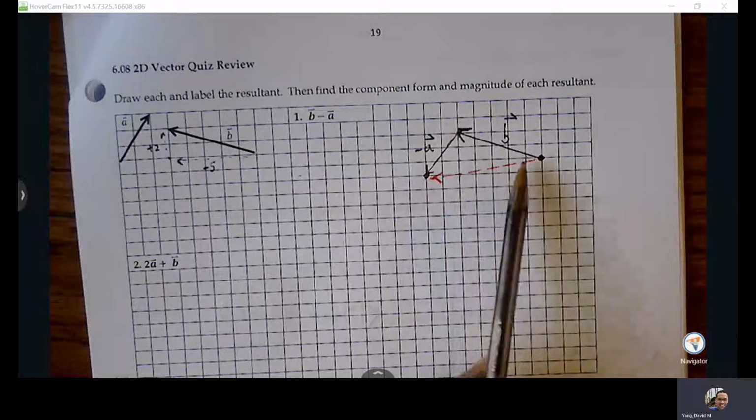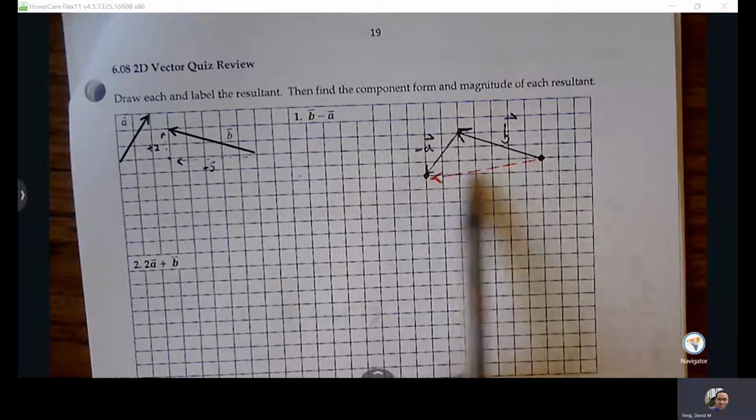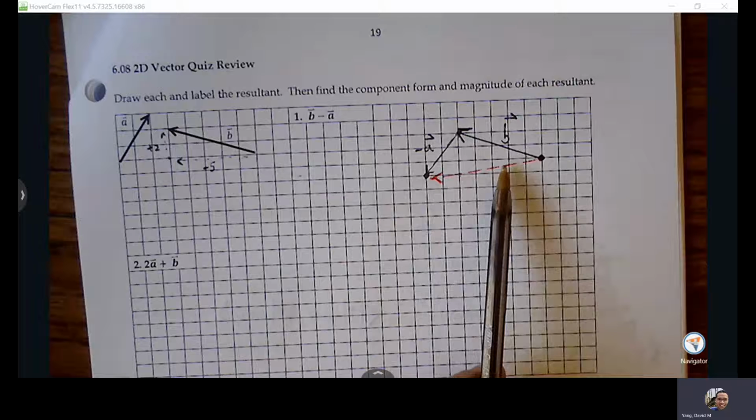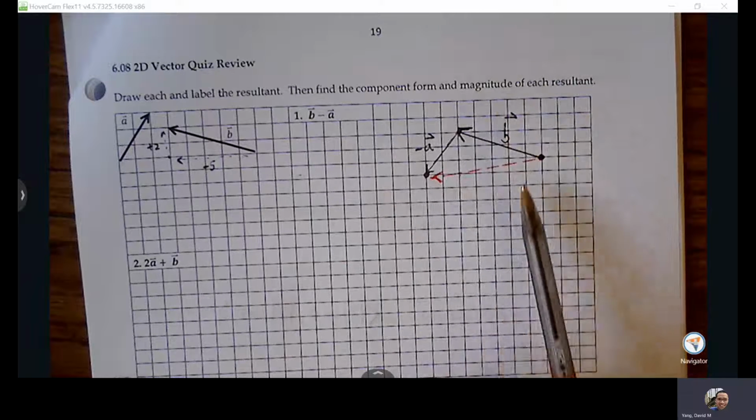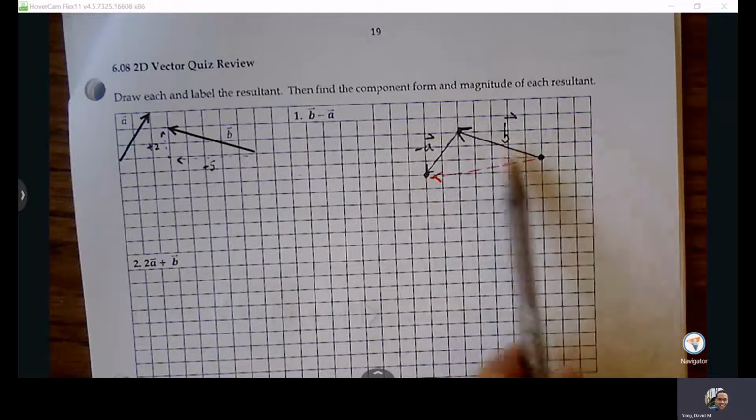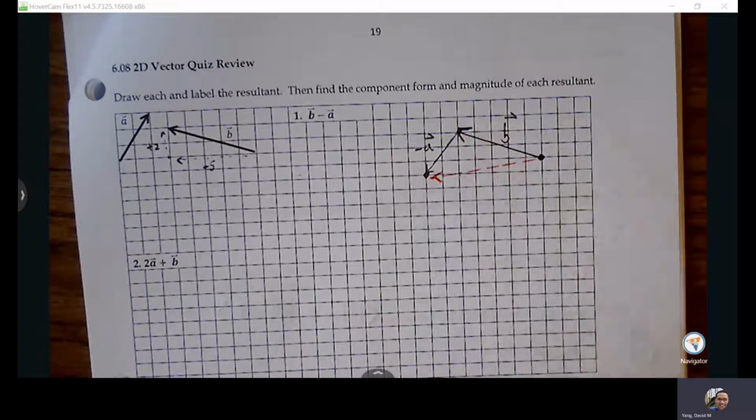And then just have to figure out the horizontal and vertical component of your new resultant vector. And that will be your component form. And then from there, you can get to the magnitude, because now we don't care about the 2 initial vectors anymore. We only care about the new resultant vector.